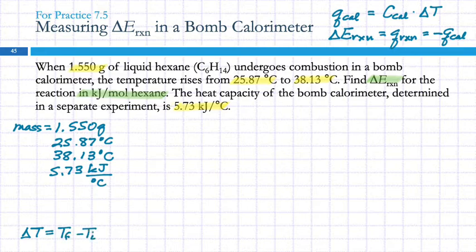So chances are good one of these is final and one is initial. It rises from this one, the original initial one, to this one, your final temperature. So this is T initial, and this is T final. And this is the heat capacity of the calorimeter. That's the C-cal right here.